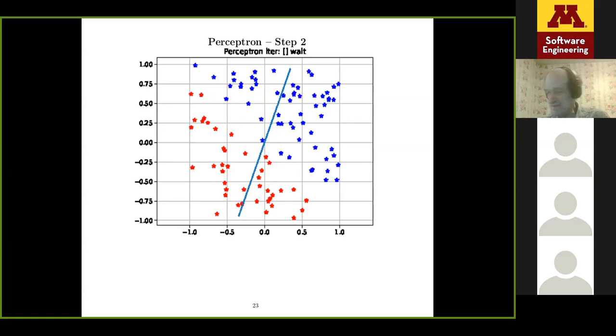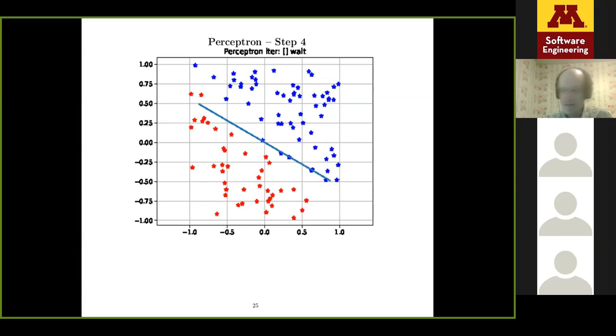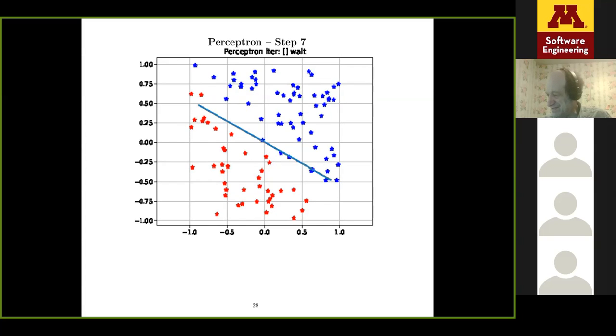So this is what happens if you cycle through all of the training set, updating W every time. At the end of this one pass, W has been updated. You try it again, you update it some more, and the number of mismatches has gone down. And you keep on going until it cycles through.